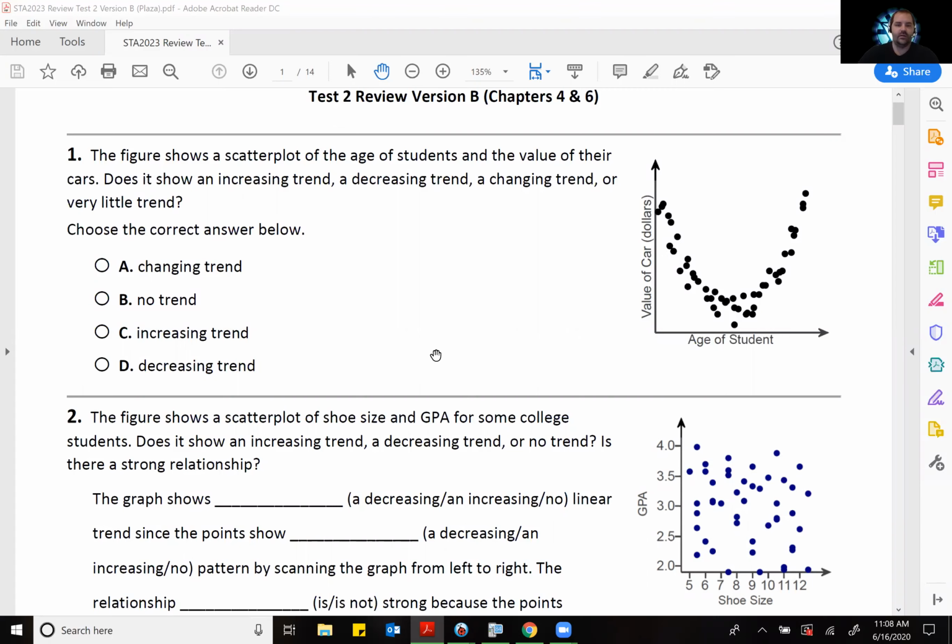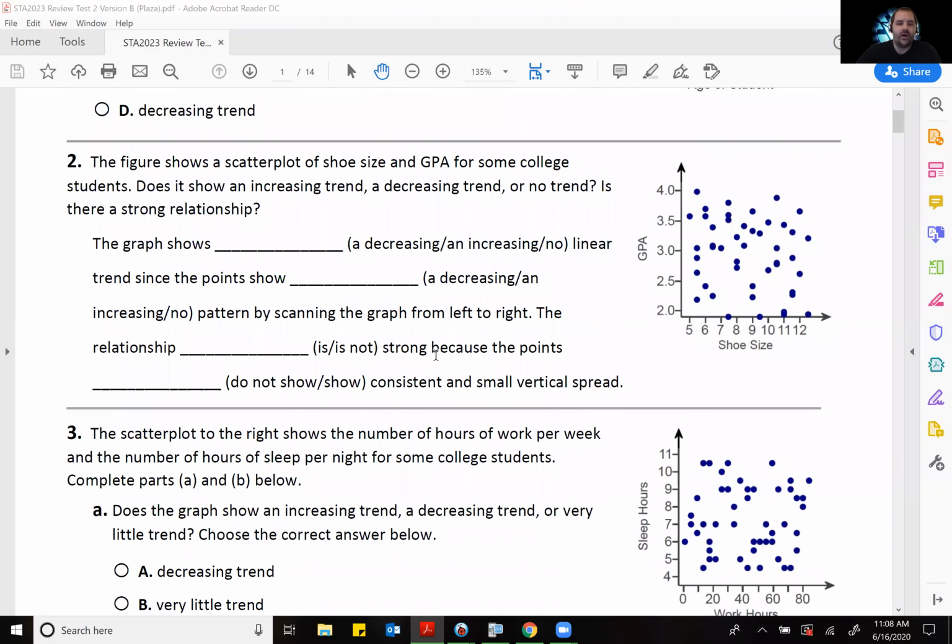Again, in your exam, these will be drop down because they're just asking you about three pieces that you're going to put in here. In these blanks, the choices are right beside it. It says the figure shows a scatter plot of shoe size and GPA for some students.